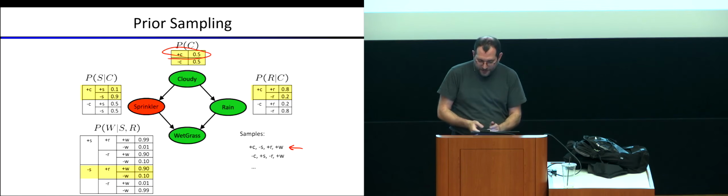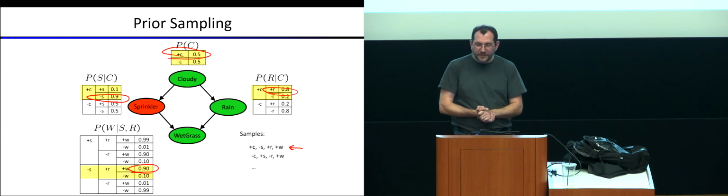And then of those samples where I got a plus C, the probability that I'm going to get a minus S, that's going to be true of 90% of those samples. And then when I go to plus R, it's going to be 80% of the samples and then 90% of the samples. And if I multiply those together, I can determine the probability of the sample, which is just the probability of this event in the distribution described by the Bayes net.